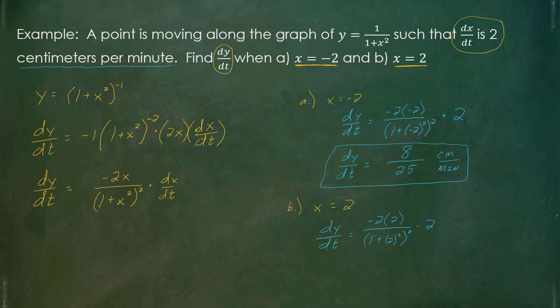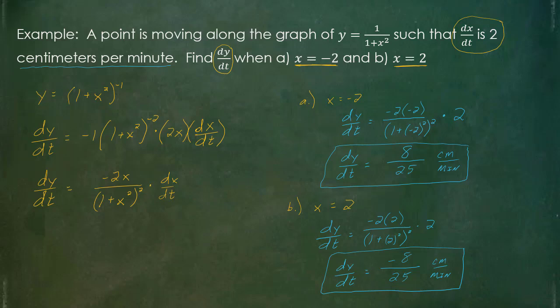So it looks like for this one, dy over dt, I've got one less negative on top this time. -2 times 2 times 2, that would actually come back -8. And then on the bottom, squaring 2 gives me 4, plus 1 is 5, and squaring that results in 25. And again, the units still would be centimeters per minute. So I've got -8/25 centimeters per minute, apparently when x is equal to 2.